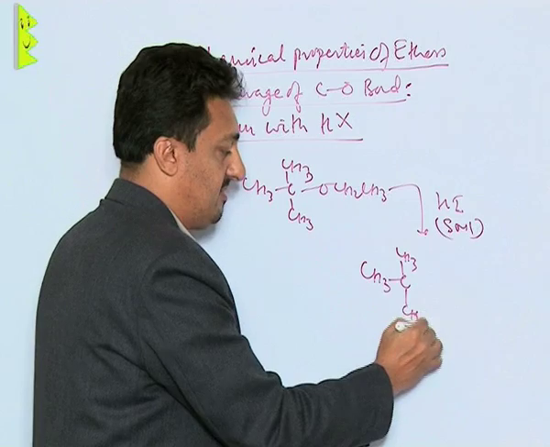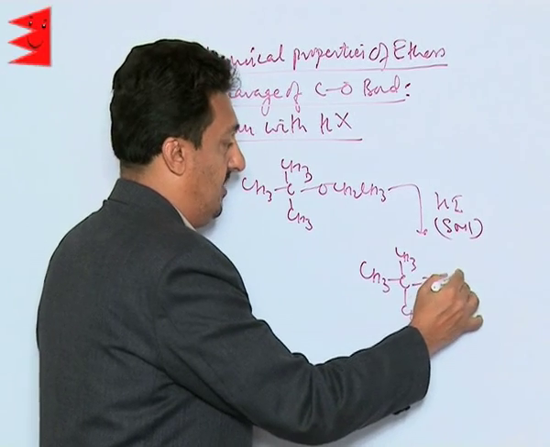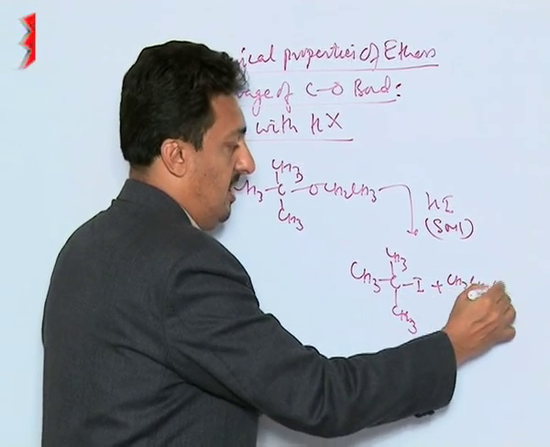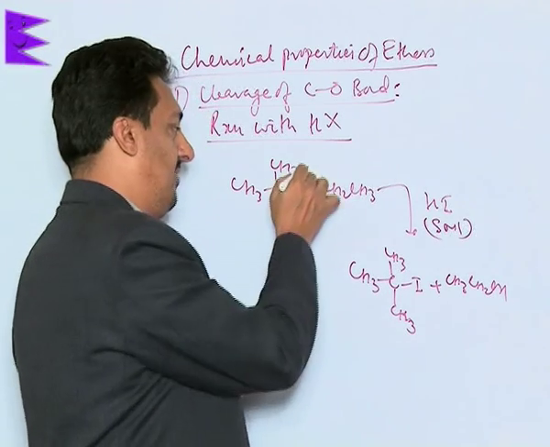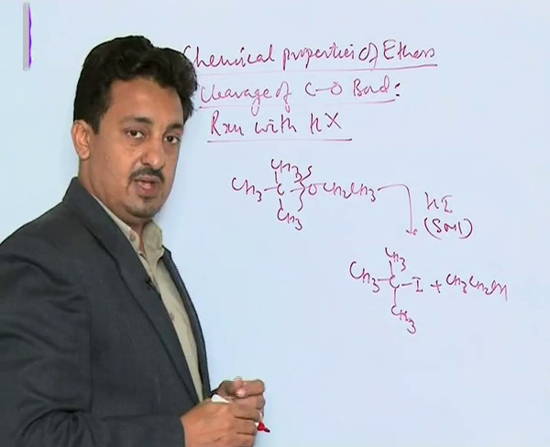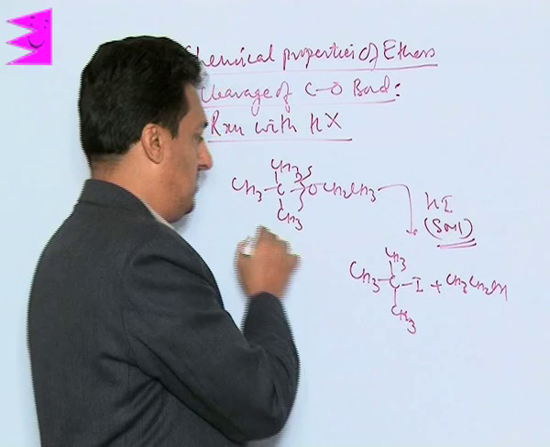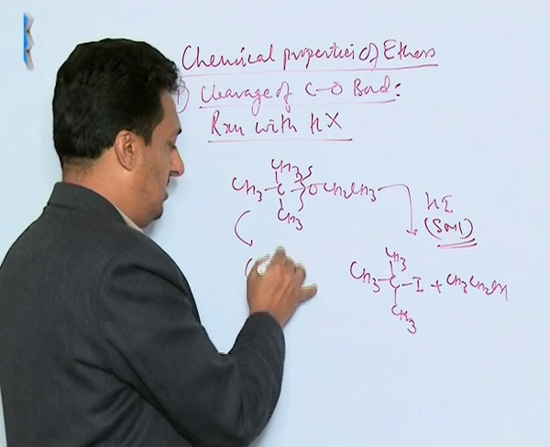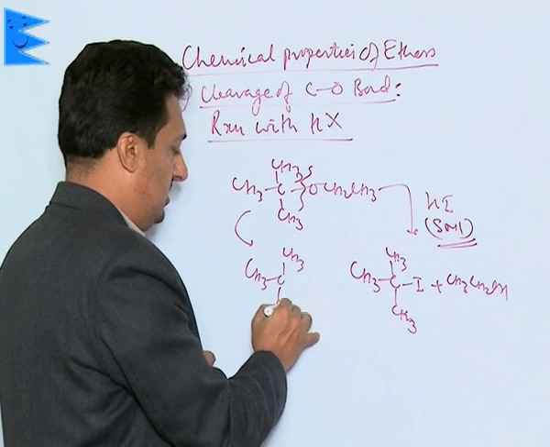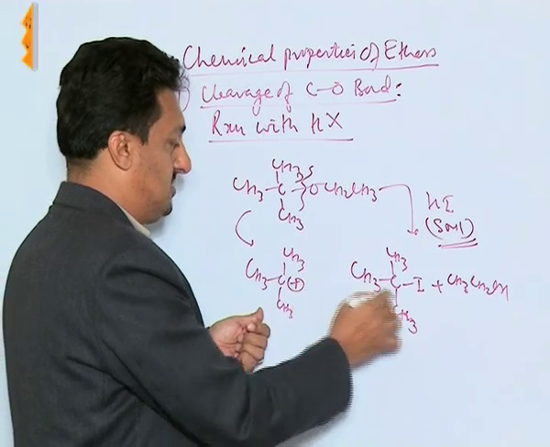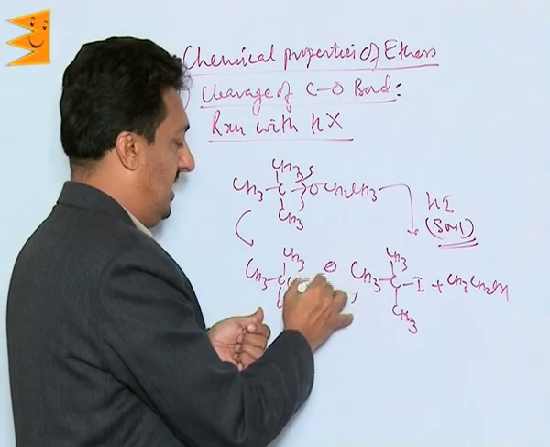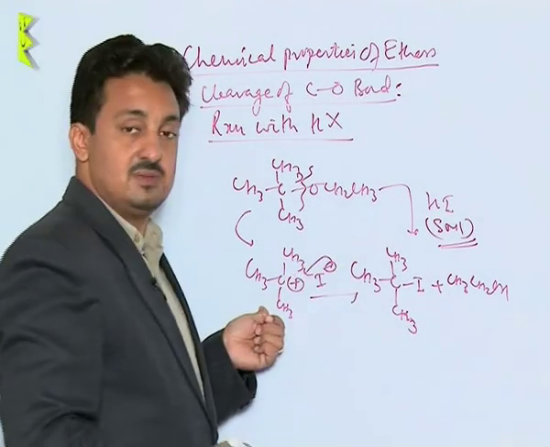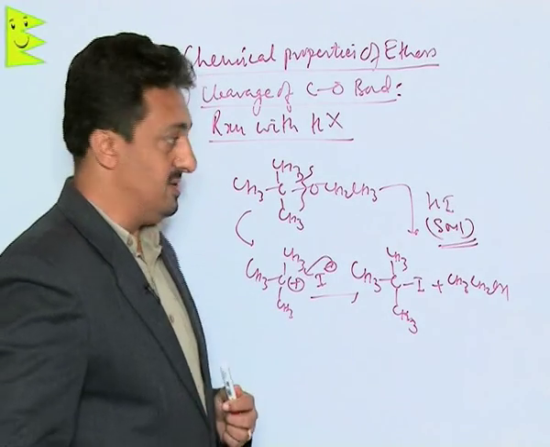What we get is tertiary butyl iodide and we get ethanol. That is what you need to remember. This C-O bond breaks because the reaction goes by SN1. It results in the formation of the tertiary carbocation on its own, where nucleophilic substitution by the iodide ion takes place. That's the most important thing here.